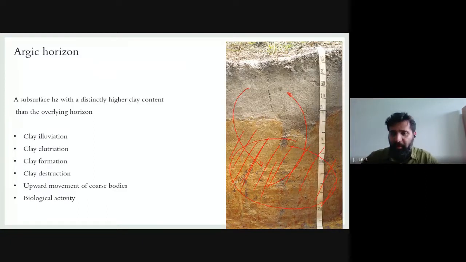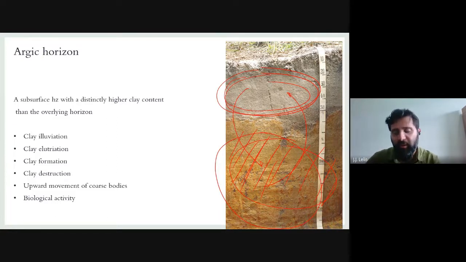Like the termites, they select the clay fraction, and because they don't select the coarse fractions, these start to accumulate here, and we generally see a concentration of coarse materials, or sand fraction, here, and a concentration of clay fraction in the subsurface horizon.